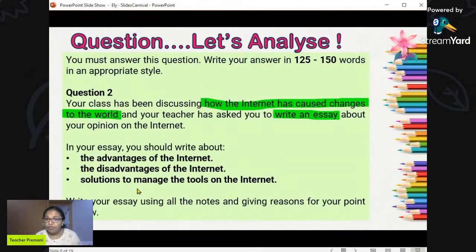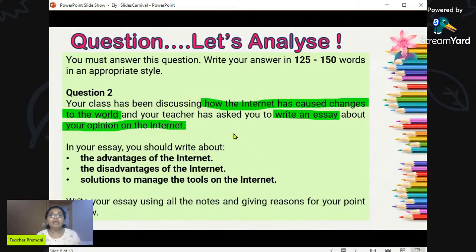Then you are required to write an essay with your opinion about the internet. So if you write anything related to the internet, it shouldn't go wrong. You cannot say, teacher, what if the teacher has something in her mind about the internet and my opinion doesn't connect with it?